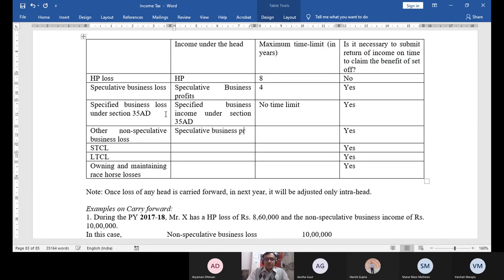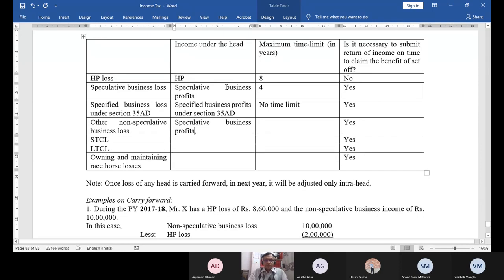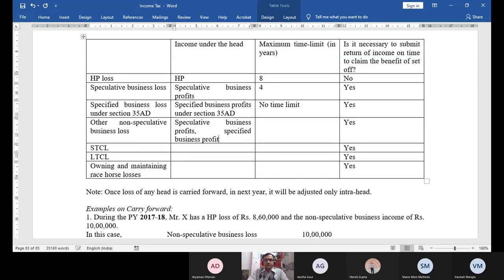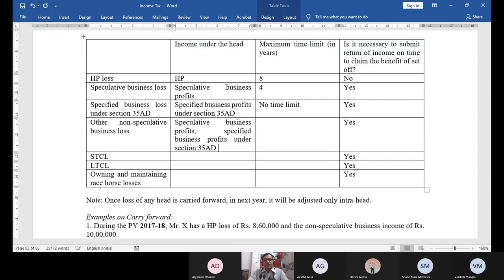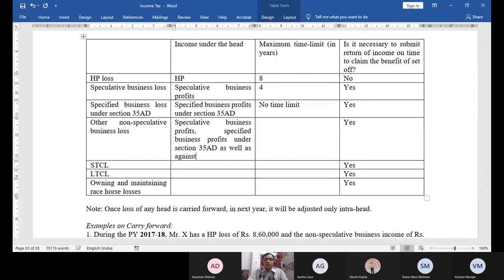Speculative business profits, specified business profits under section 35AD, as well as against other non-speculative business profit. This is the best, you can adjust it anywhere.